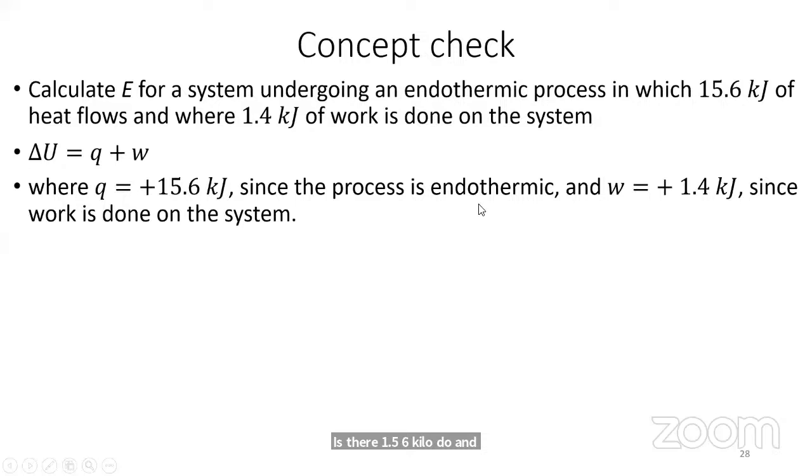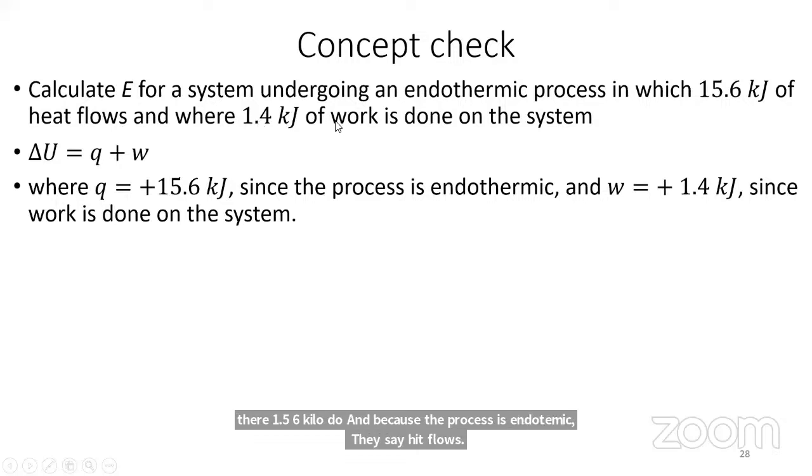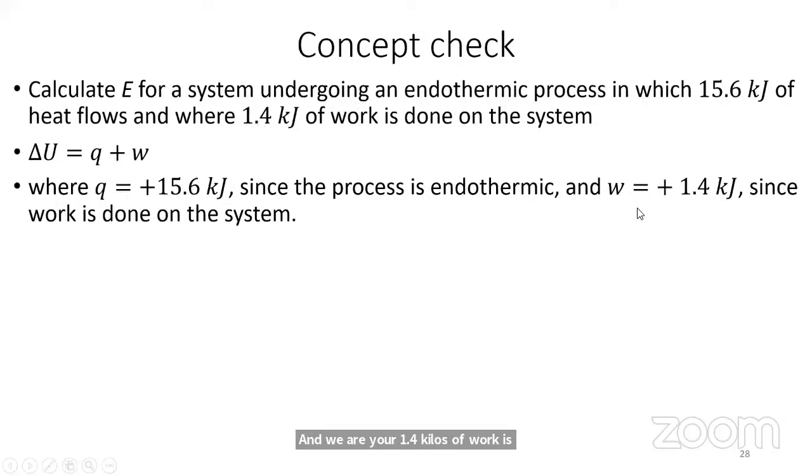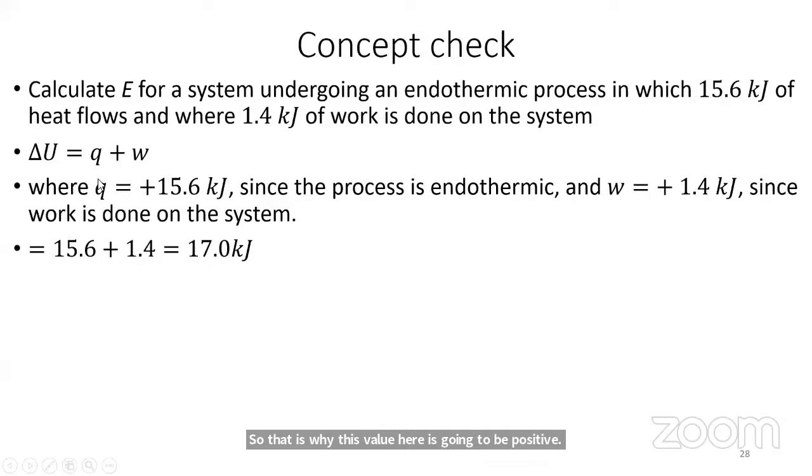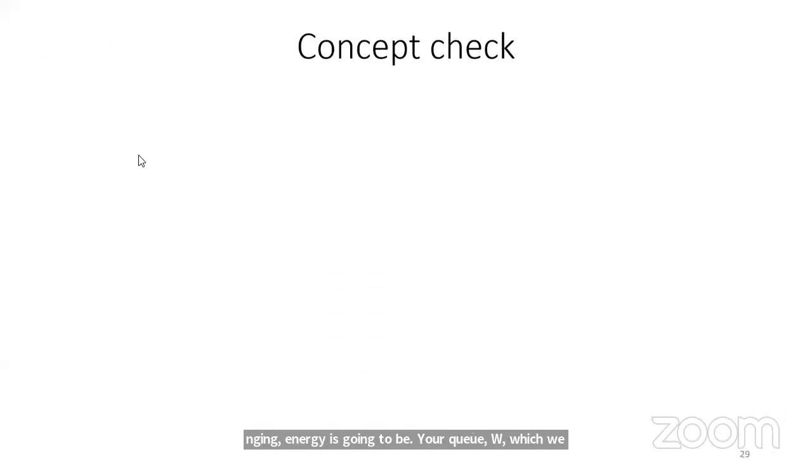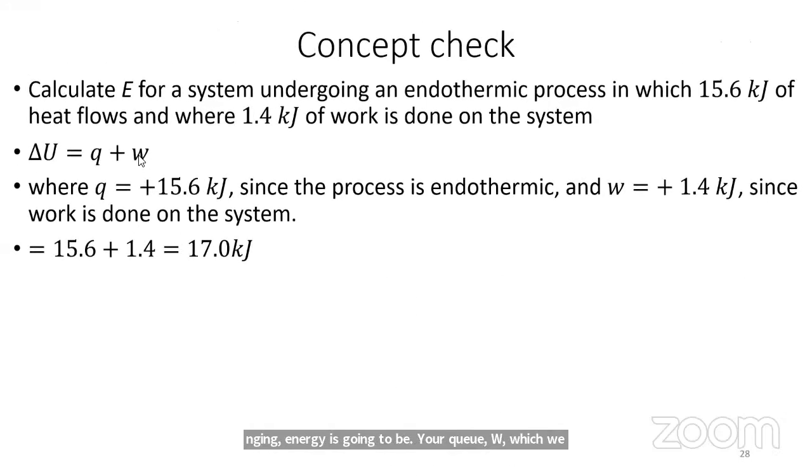Because the process is endothermic, the heat flows in, so this value is going to be positive. And the 1.4 kilojoule of work is done on the system. So our change in internal energy is going to be Q plus W, which will give you 17.0 kilojoule.